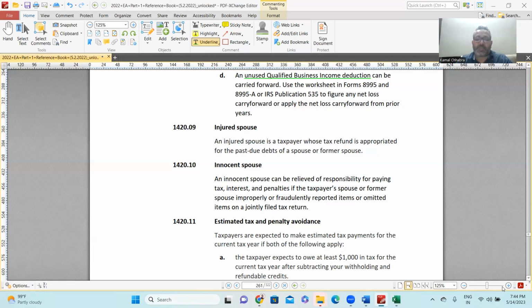Next is innocent spouse. An innocent spouse can be relieved of the responsibility of paying taxes, interest, and penalty if the taxpayer's spouse or former spouse improperly or fraudulently reported an item or omitted an item on the joint tax return. So for example, husband and wife file the joint return, right?